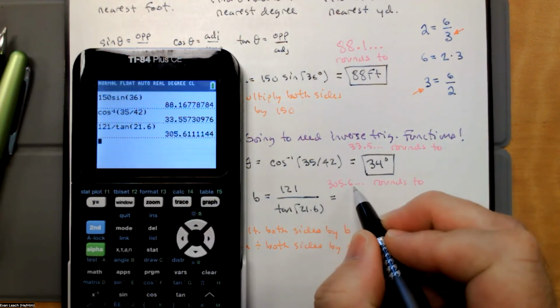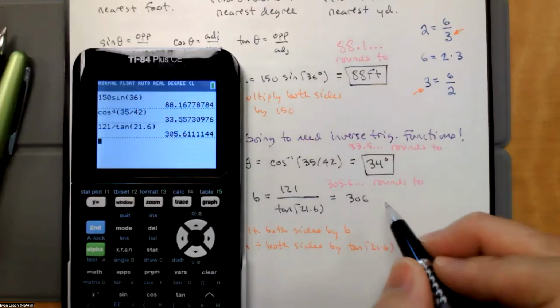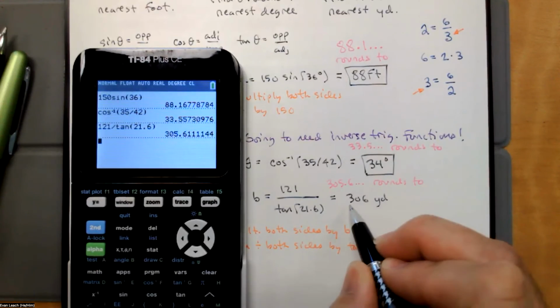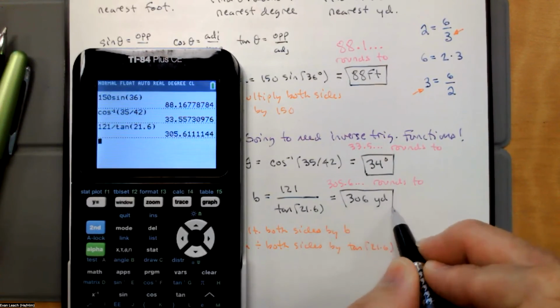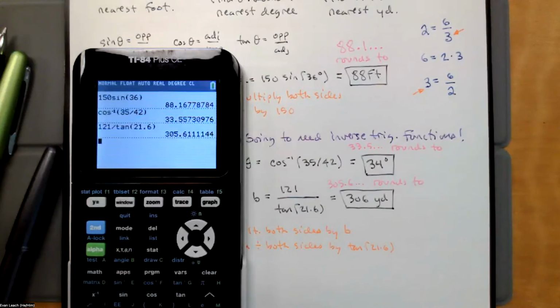The 6 is past halfway, so we'll go to 306 because we want to round to the nearest yard. So it's the 6 that tells us to push the 5 up to a 6.